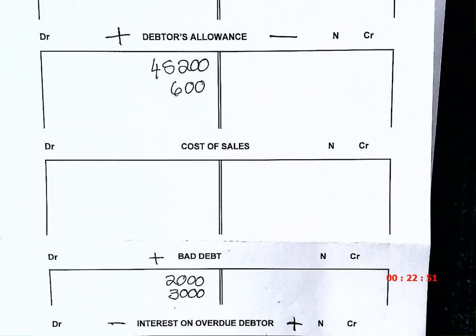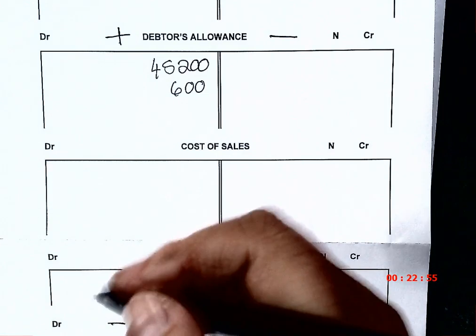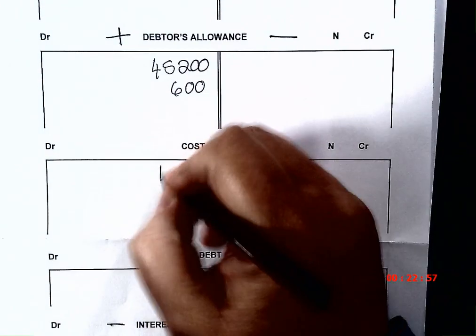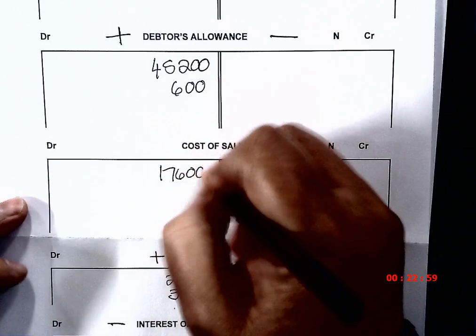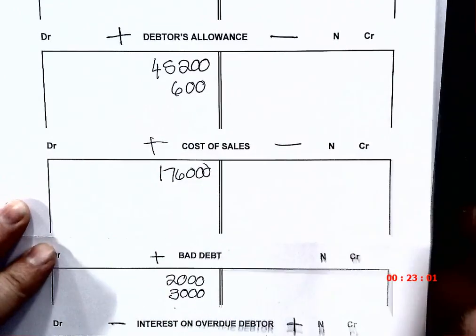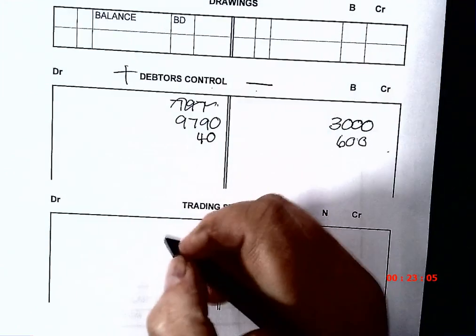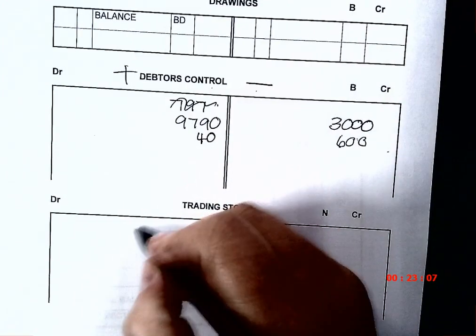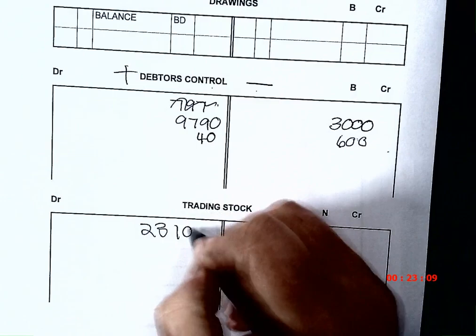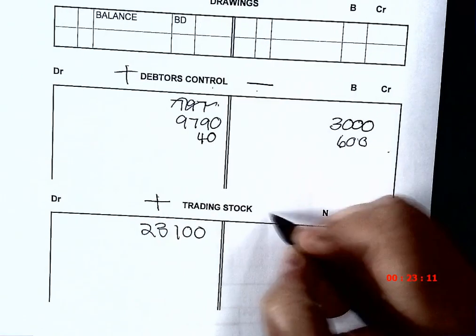So let's go look. I see cost of sales has a debit balance of 176 because it's an expense. And my trading stock has got a balance of 23.1 and it's an asset.